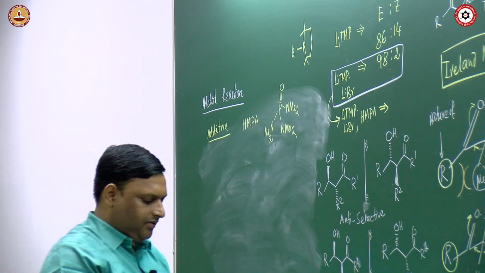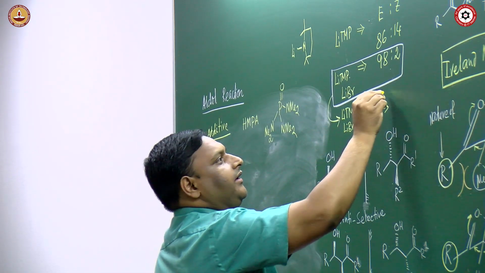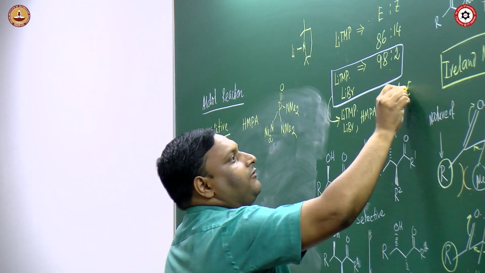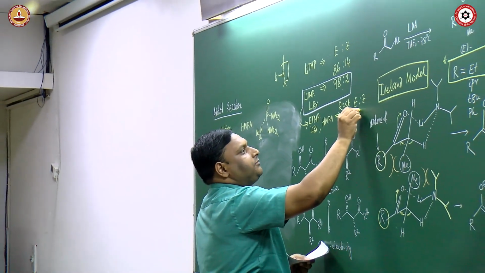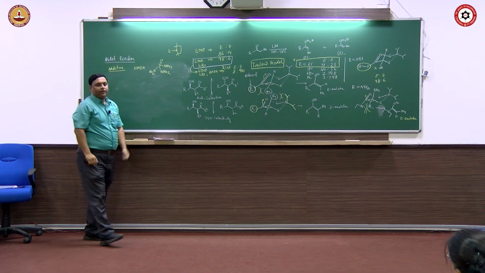For example, if we take R equal to ethyl and look at the E and Z ratio, it now becomes 8:92. Reverse it.